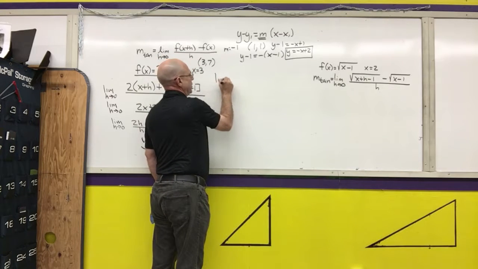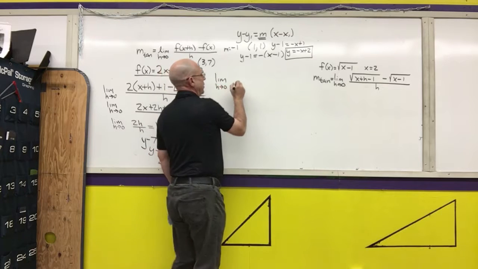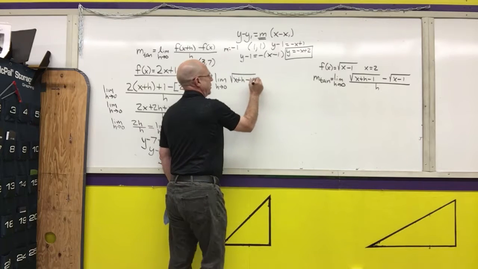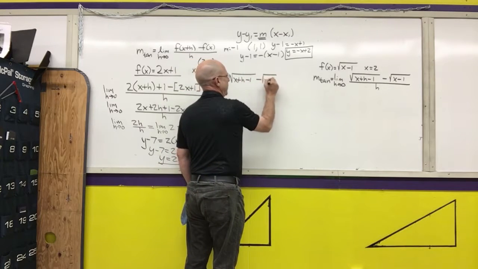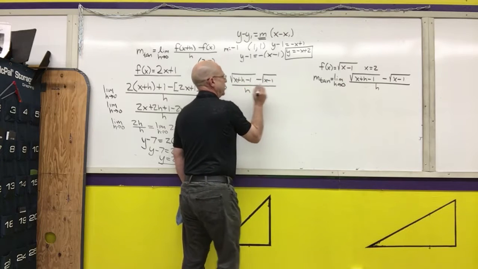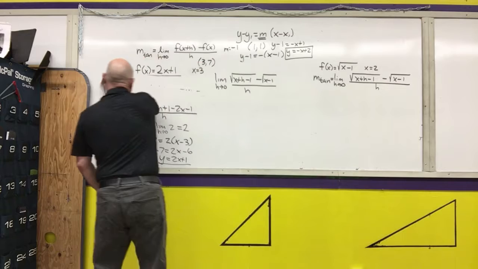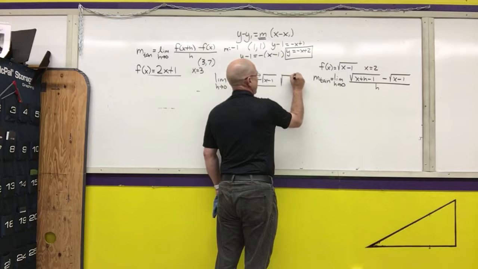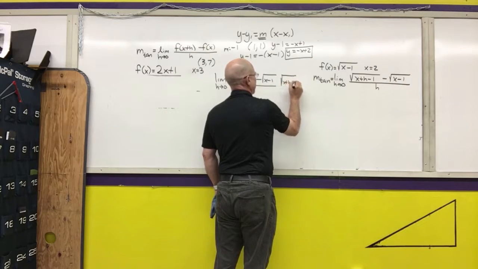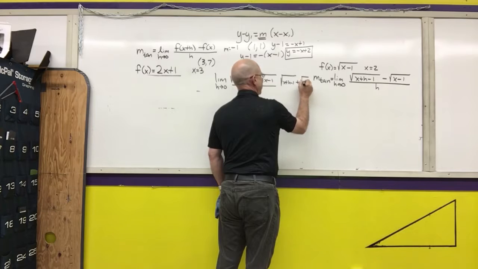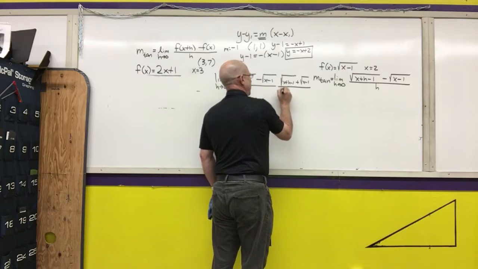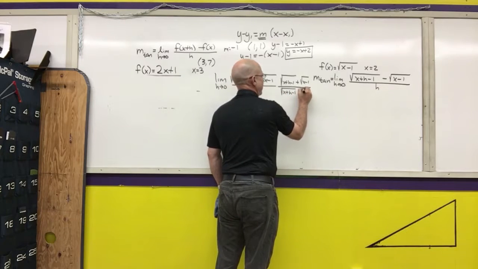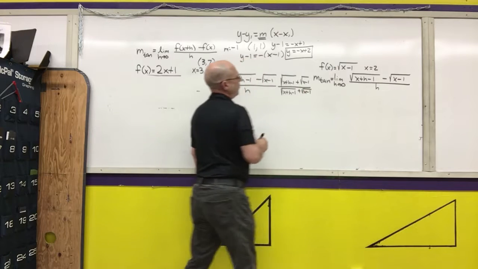So it's the limit as h approaches 0 of the square root of x plus h minus 1 minus the square root of x minus 1, over h, times the square root of x plus h minus 1 plus the square root of x minus 1 in both the numerator and the denominator. Remember, all this is doing is multiplying the equation by 1, but a special form of 1.